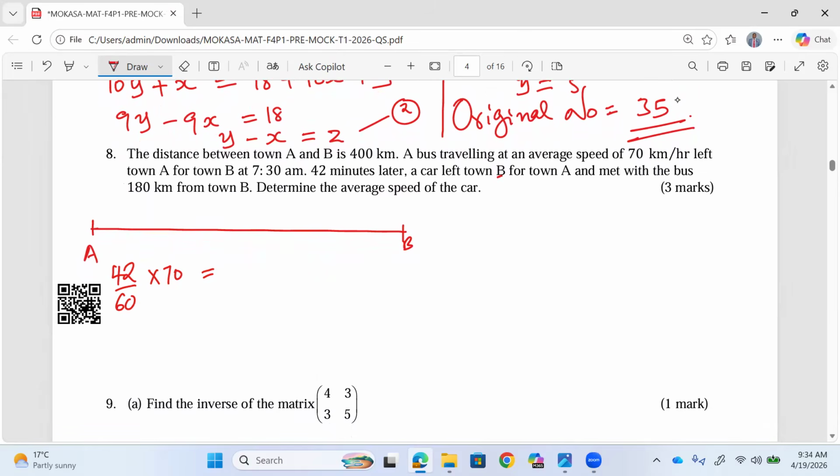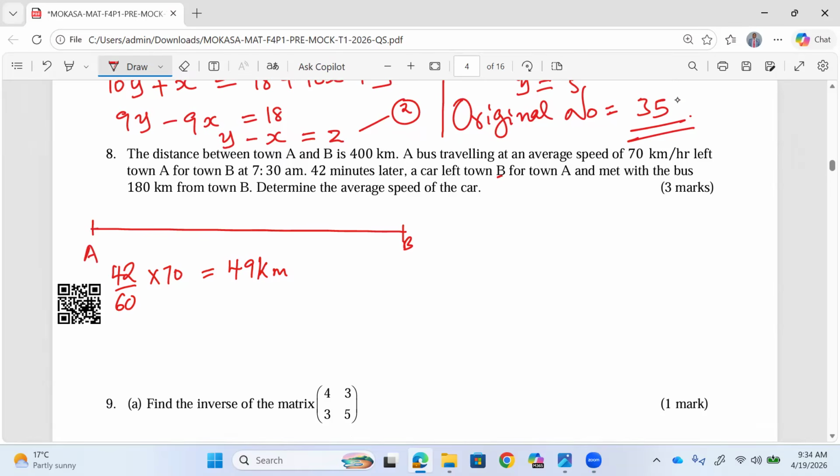So we are now addressing, let's look at this, 42 over 60 multiplied by 70. Knowing that there is exactly 49 kilometers that have been covered.